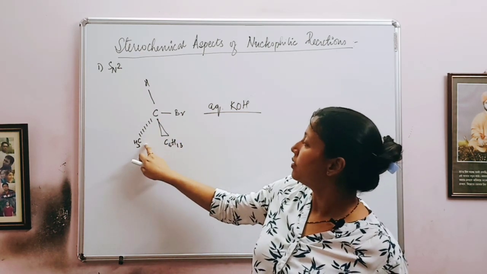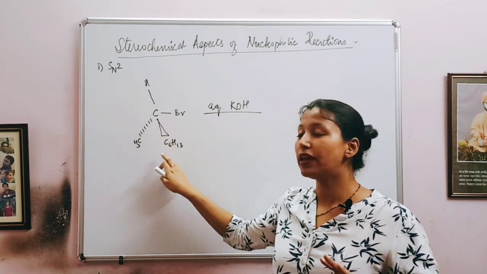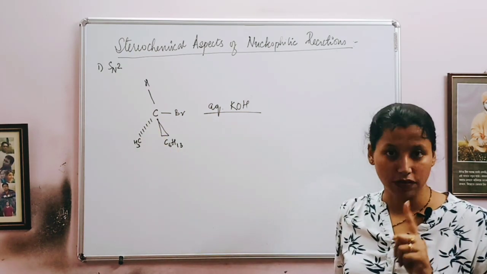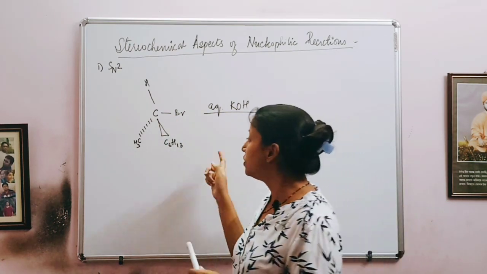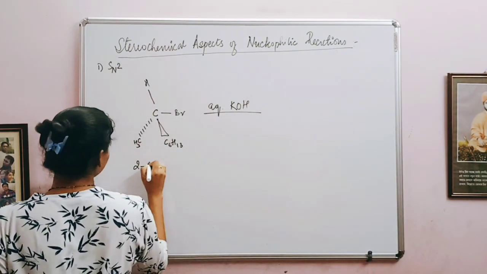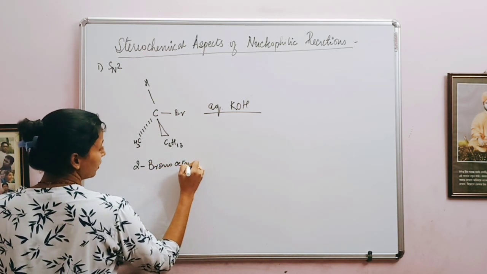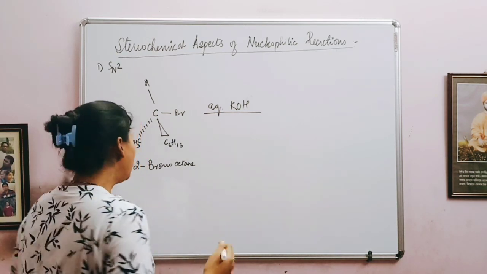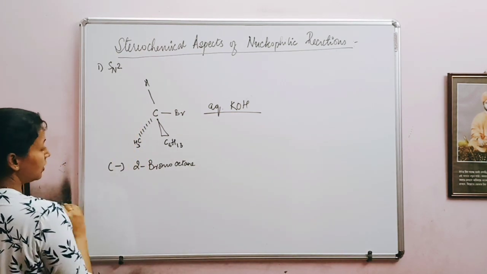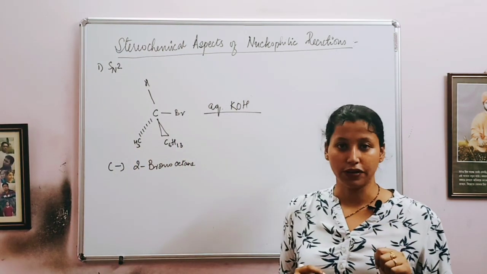So there are altogether 8 carbons in this molecule and the bromine is on the second carbon. So this is 2-bromooctane, and the information that I am giving you is that it is minus. That means this molecule is already levorotatory.